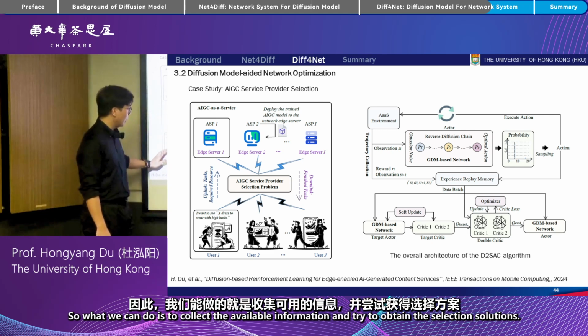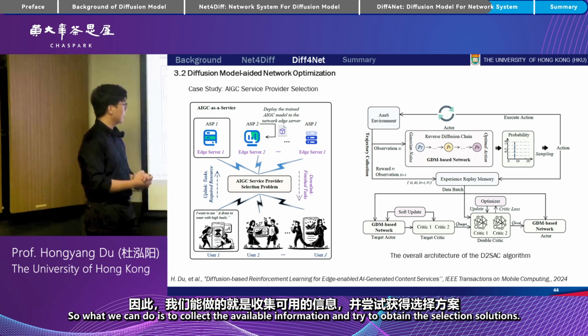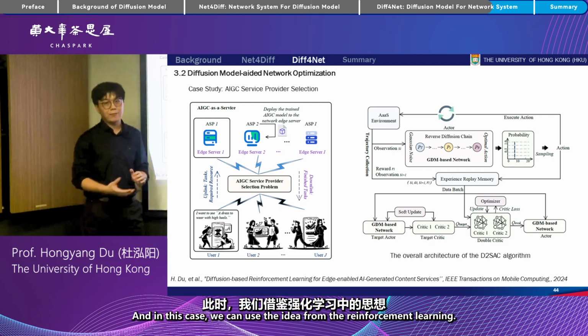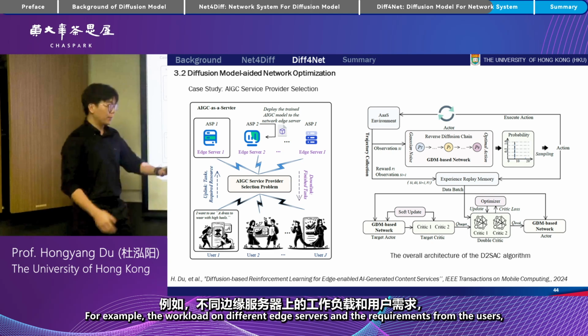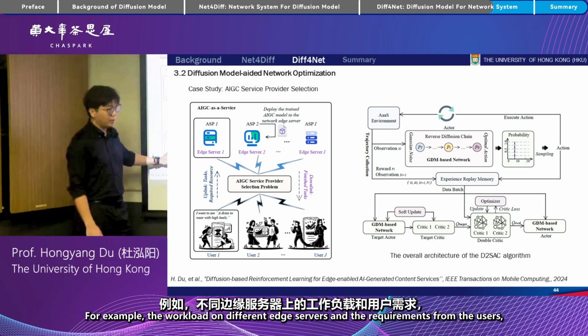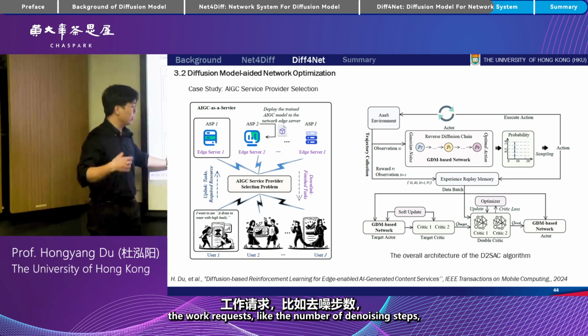So what we can do is to collect the available information and try to obtain the selection solutions. And in this case, we can use the idea from reinforcement learning. For example, the workload on different edge servers and the requirements from the users, like the number of denoising steps.